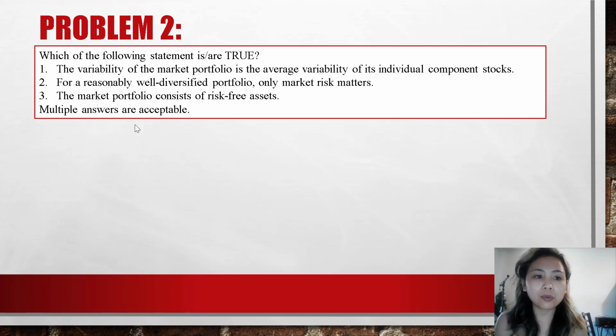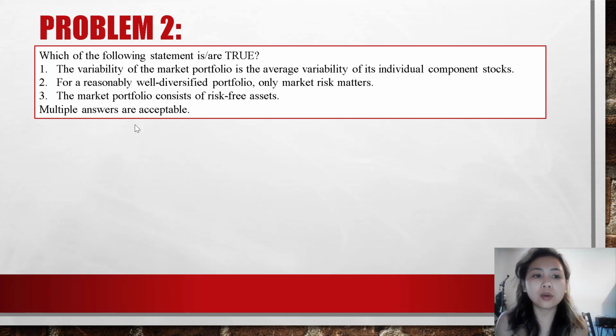Now let's look at number 1 and number 2. Number 1, the variability of the market portfolio is the average variability of its individual component stocks. This is wrong. It is only true when these stocks are independent, so that the covariance and the correlation coefficient are 0. But in general, we cannot say that the variability of the market portfolio is the average variability of its individual component stocks.